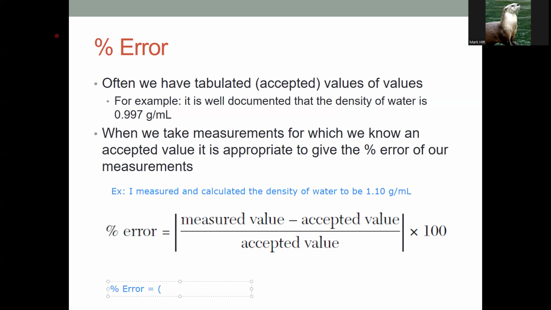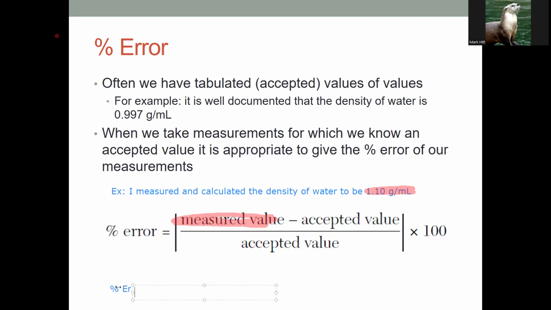I'll say the absolute value of my measured value. The measured value is the one that I got out of lab, so let me highlight it in red here. Our measured values come out of lab.